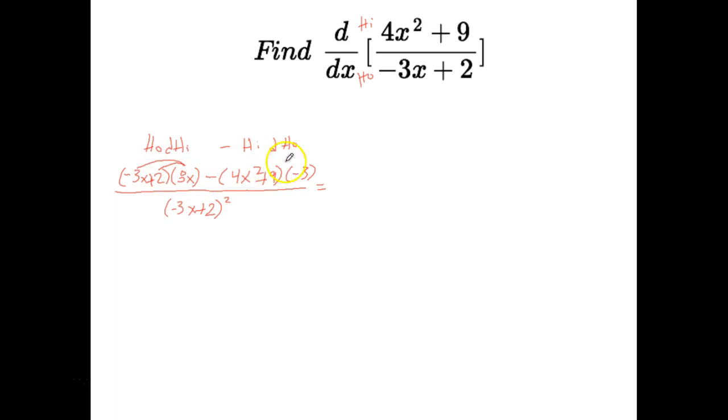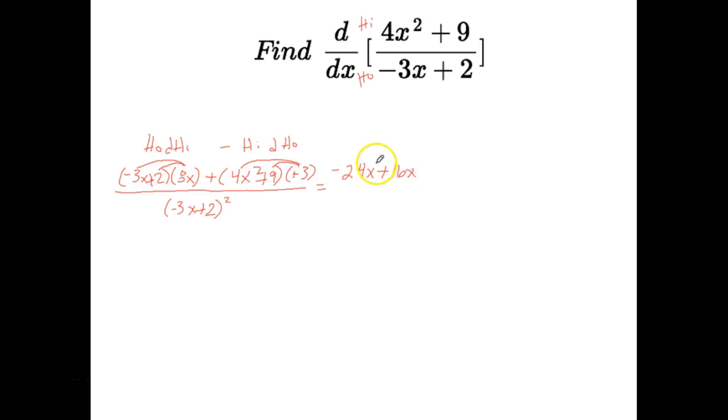Looks like we got to distribute this negative and that negative 3. Remember my method here, I would just multiply these two first, and that would make them a negative times a negative, makes them both positive, so I can just fix it like that. And now I just need to distribute positive 3 to both of those. See what we get. Okay, so 8 times negative 3, so we got negative 24x plus 16x.